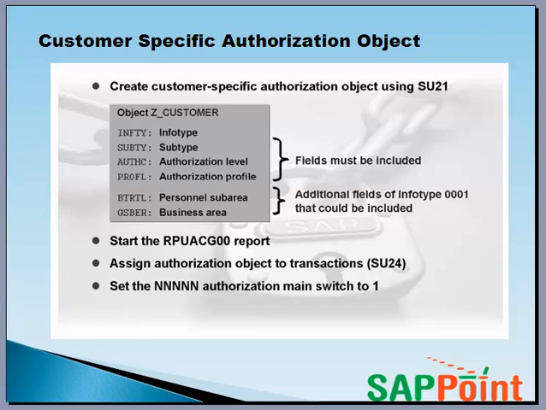Now the P_origin object and the P_orgexec object let you use the fields within them for security purposes. For example, personal area is a field that is part of info type 1, and the values from that field can be used in the P_origin authorization object.